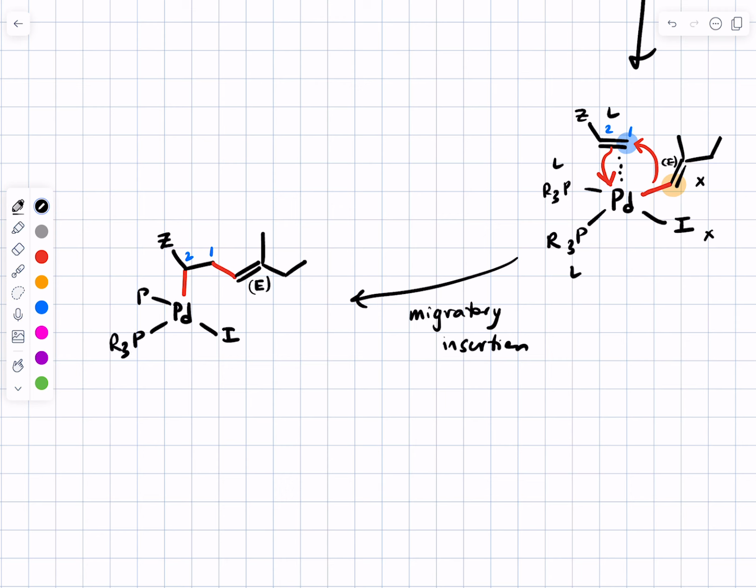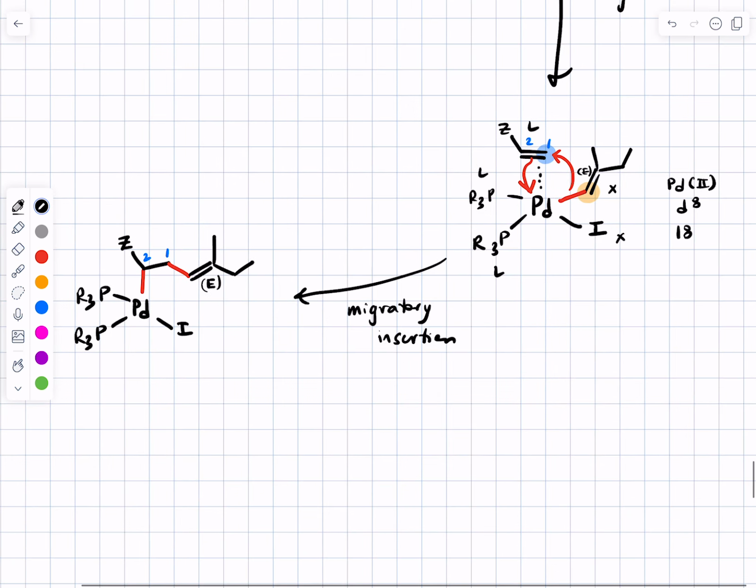And then on the remaining portion of the metal, we've got this. So notice we've still got two X-type ligands and two L-type ligands. Overall complex is neutral. This is still palladium 2. Still got 8 d electrons.